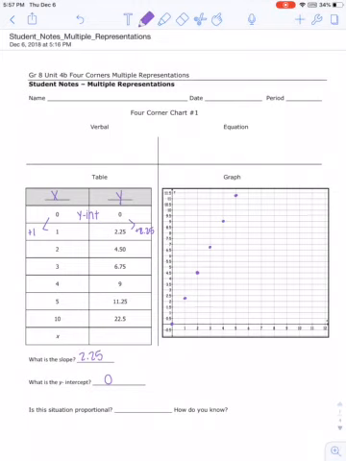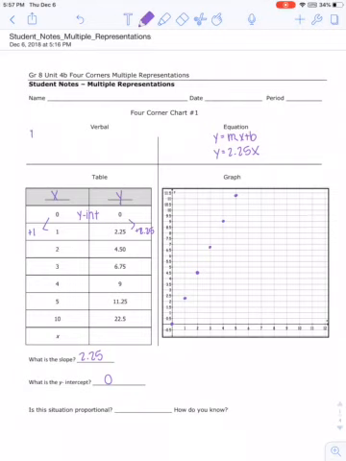Then I plug that into y equals mx plus b form. And I get y equals 2.25x as my equation. Then I'm going to describe that verbally. And you can use any sort of situation as long as you're multiplying your independent variable by 2 and 25/100ths.